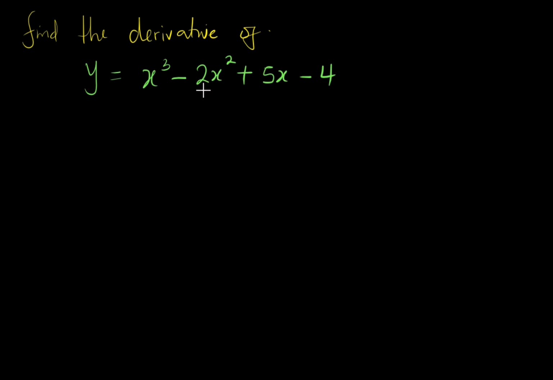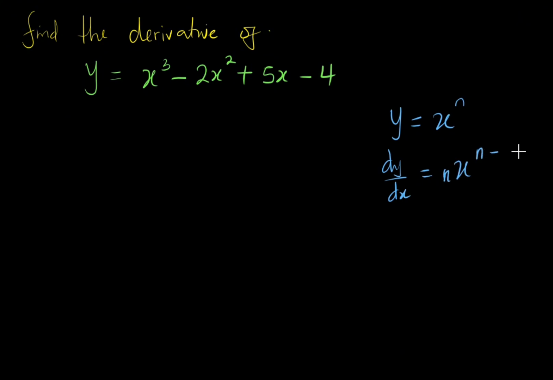We know from the power rule, or the general rule of differentiation, that if we have y equals x to the power of n, then dy/dx will be equal to n times x to the power of n minus 1.